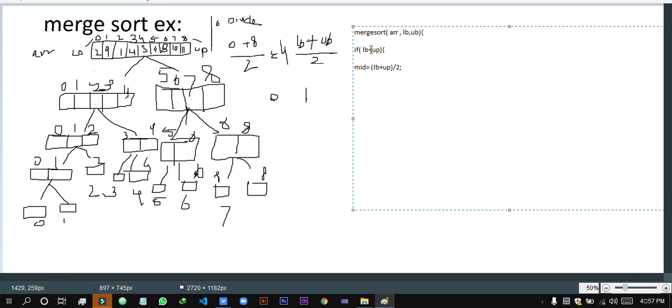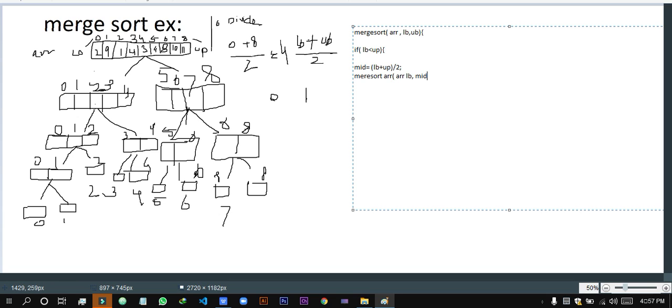After that, merge sort, whatever the name of our array, ARR. Okay, start from array A, lower bound to mid.